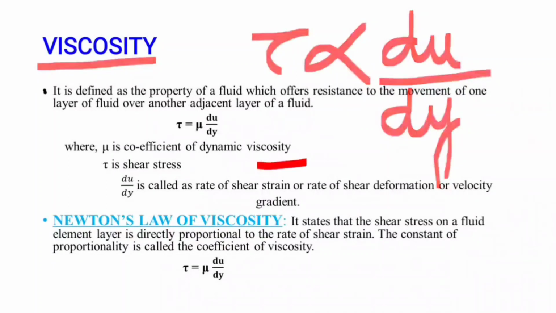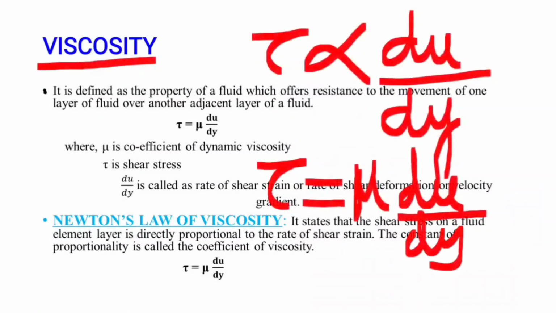If you remove the proportionality, you put a constant, that is mu du by dy. That proportionality constant is called the coefficient of viscosity. I hope it is understood.